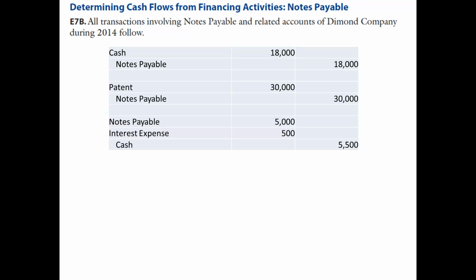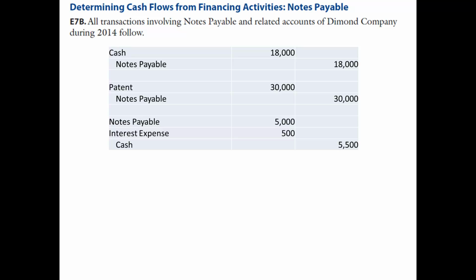So in this second transaction there's no actual cash involved, but it's still a significant transaction because we've purchased an asset, which is an investment, but we paid for it with a notes payable, which is financing activities. So you're still going to see that, but it's going to be on the schedule of non-cash financing and investing activities.